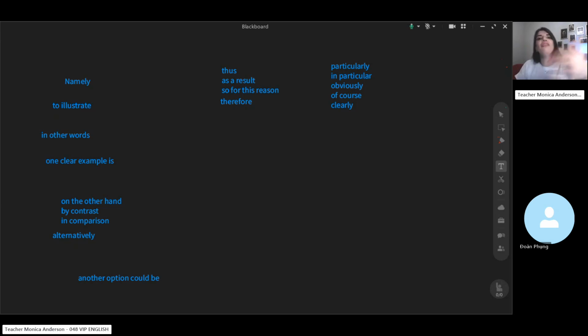"Alternatively" can be used in the second sentence, offering something else that is different, not adding to the first phrase.